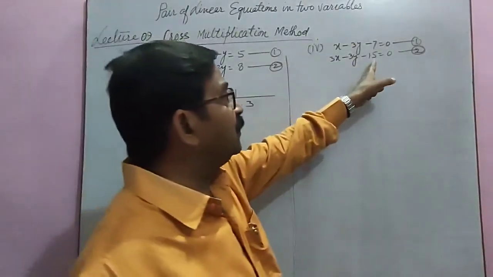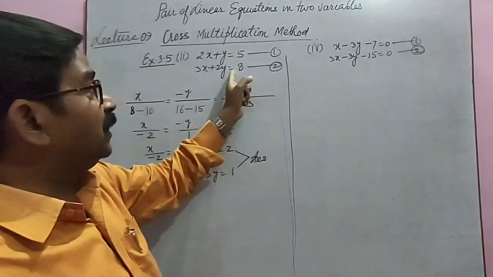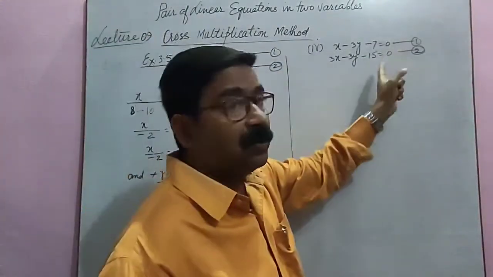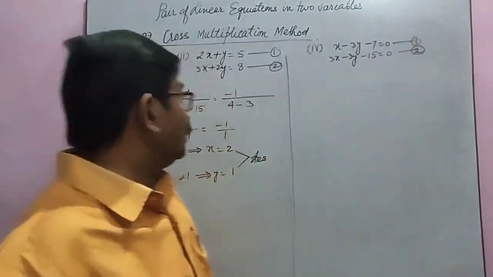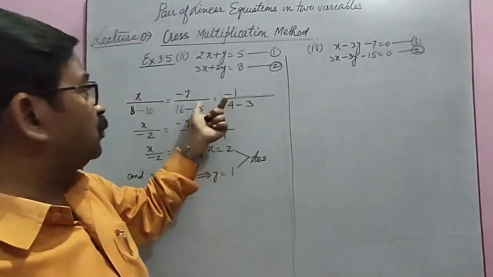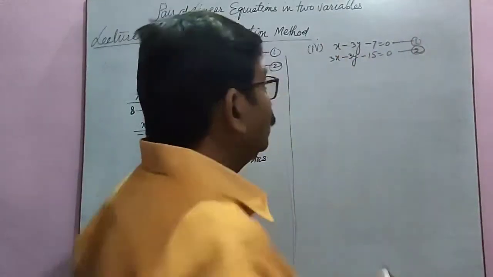this constant term is given on the left side, and what I told, generally it is on the right side. So before solving this, you should send this constant term to the right, or you must write positive 1. Since we are habitual to write minus 1, send this minus 7 and 15 to the right.